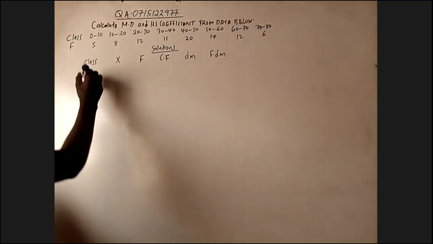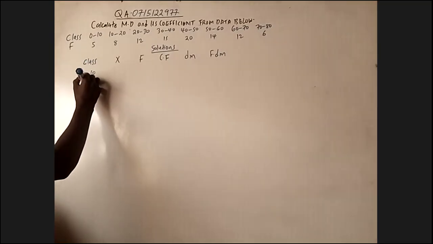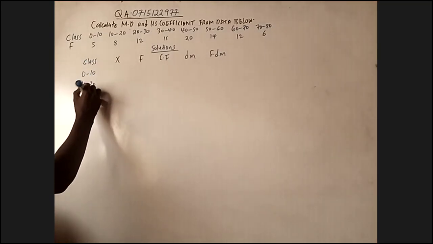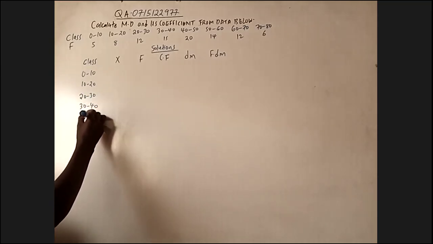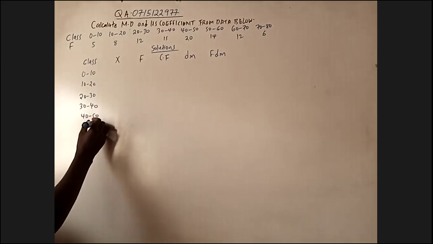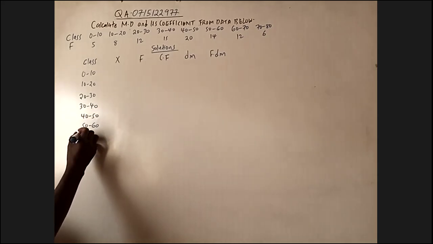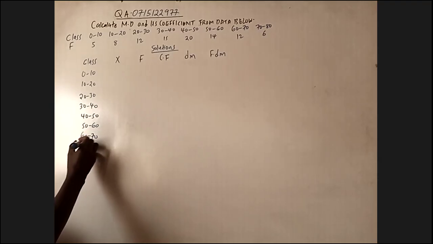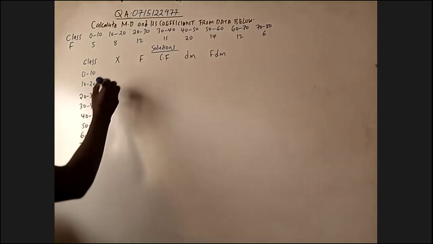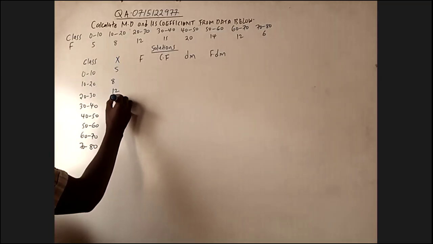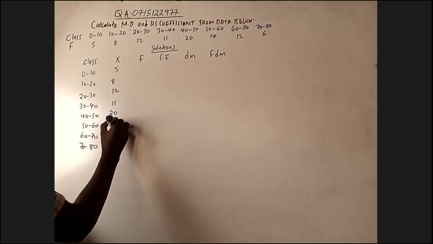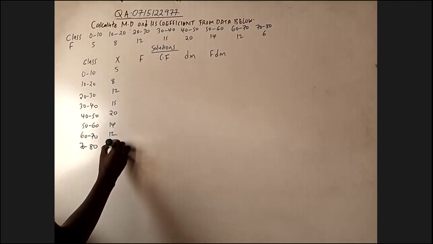The classes are 0 to 10, 10 to 20, 20 to 30, 30 to 40, 40 to 50, 50 to 60, 60 to 70, 70 to 80. We have 5, 8, 12, 15, 20, 14, 12.